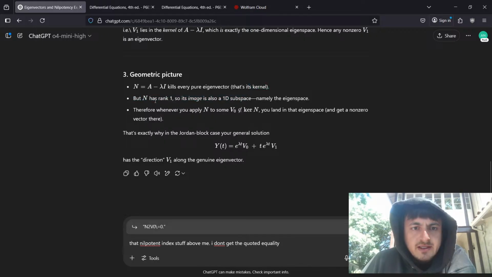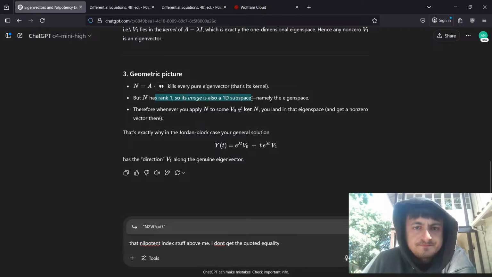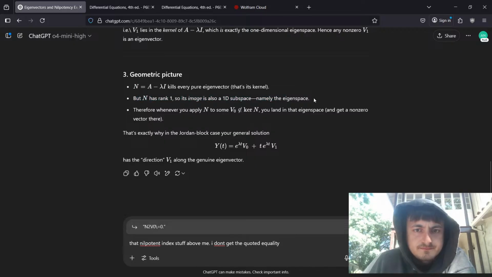Wait. N has rank 1. So its image is also a 1D subspace, namely the eigenspace. That doesn't make sense. The kernel is the eigenspace, I thought. The null space of this is the eigenspace.